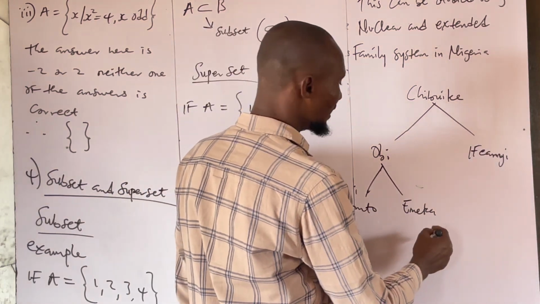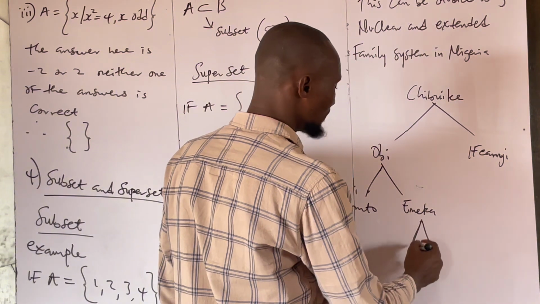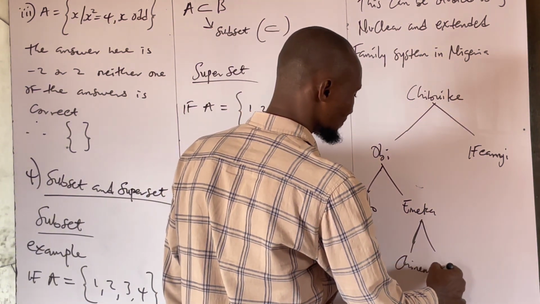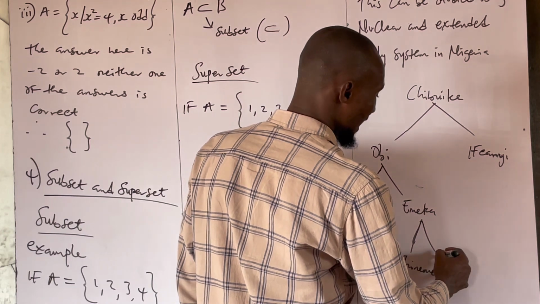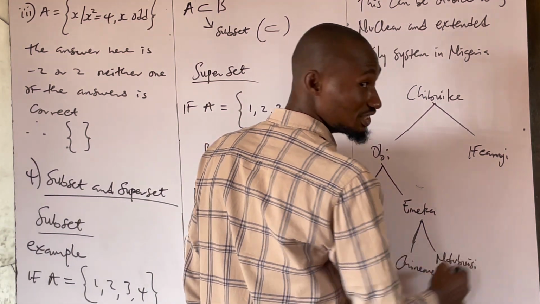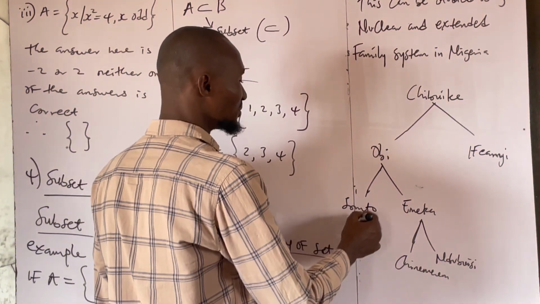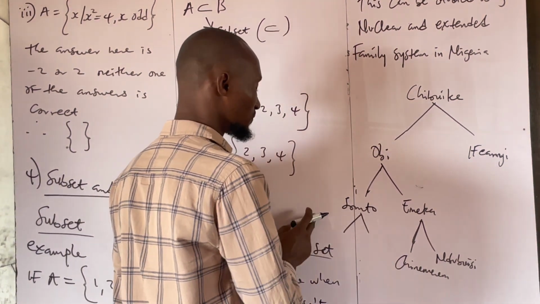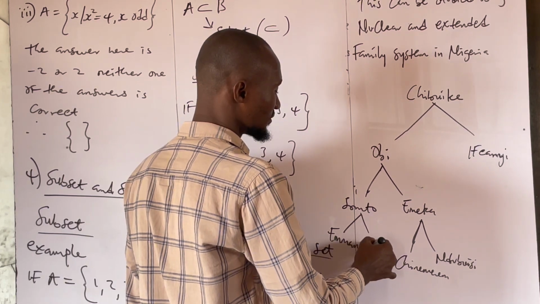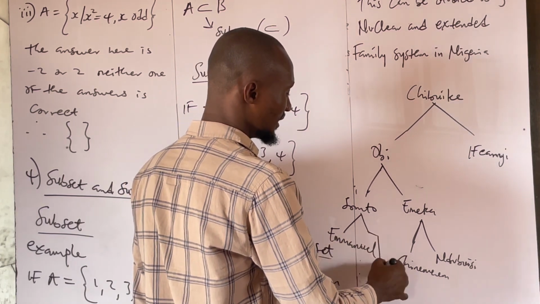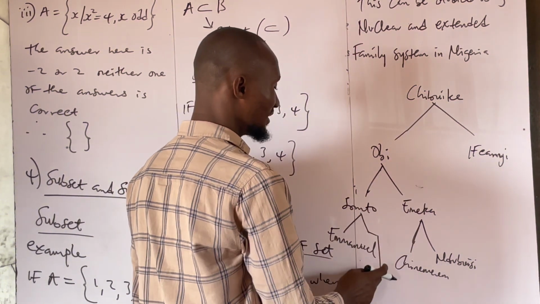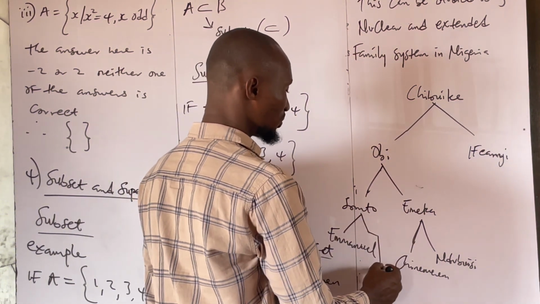Now Emeka got married and gave birth to Chinemerem and Ndubisi, while Sonto also married and gave birth to Emmanuel and Chisom.